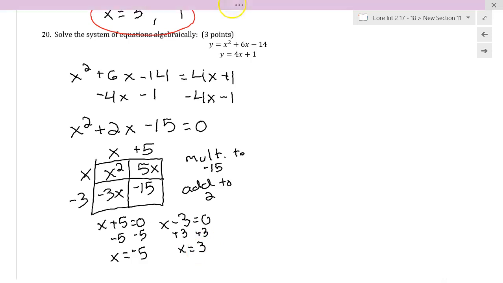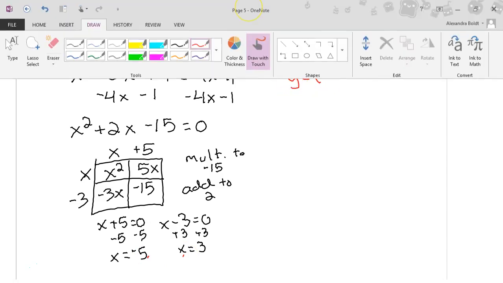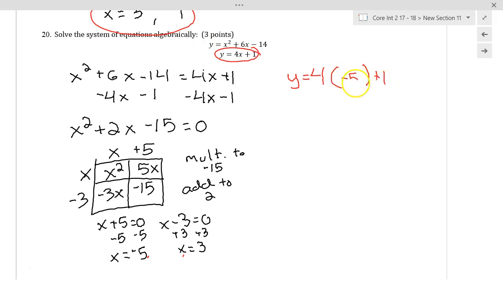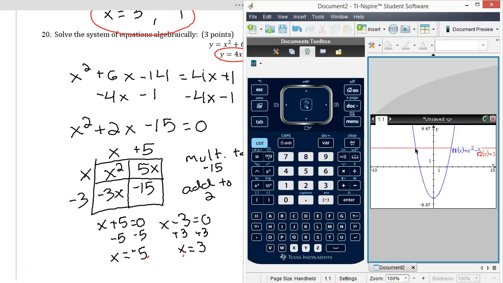So again, I have my x, but I still need my y. So I need to plug both of these in for y. So y equals 4 times x plus 1. My first x was negative 5. 4 times negative 5 is negative 20, plus 1 is negative 19.